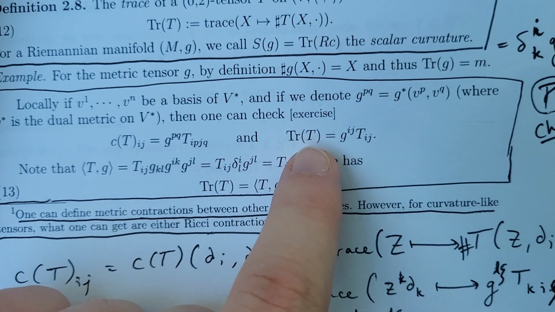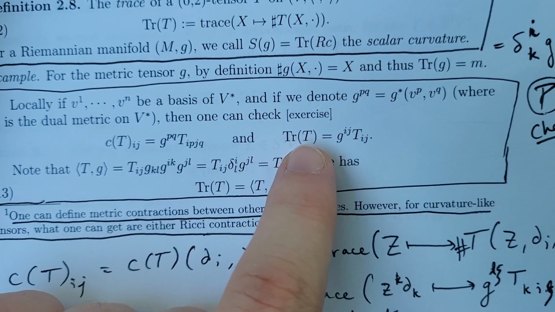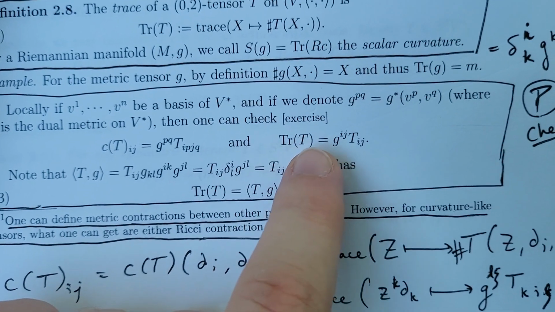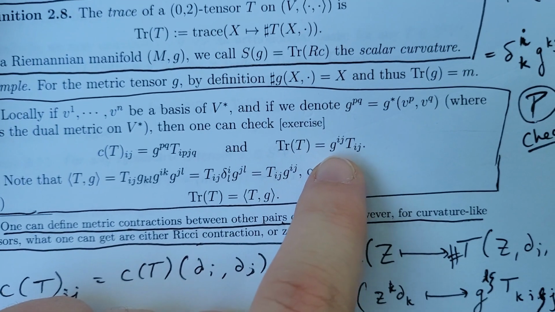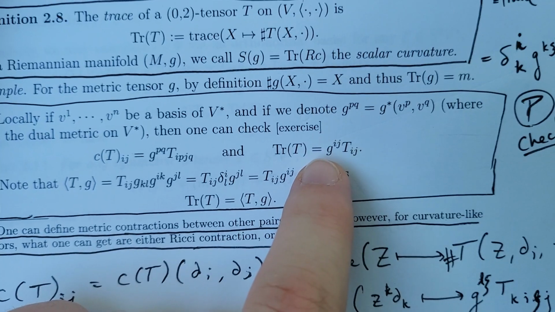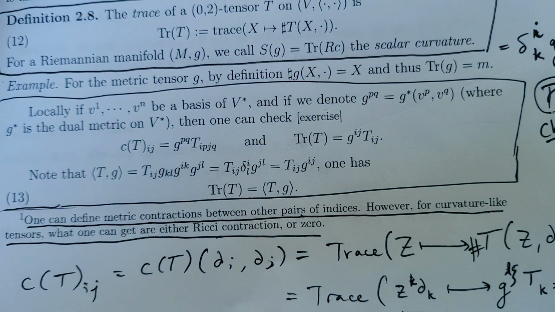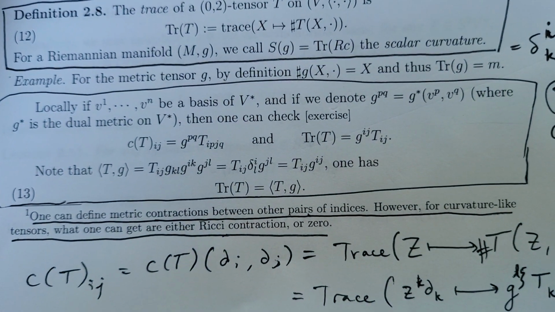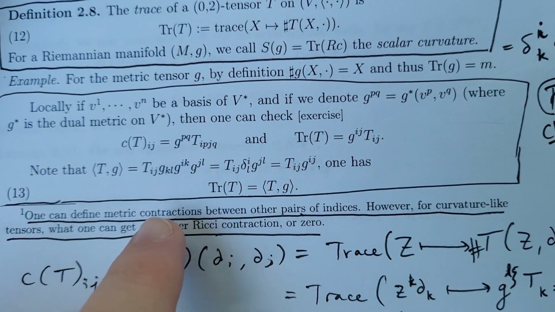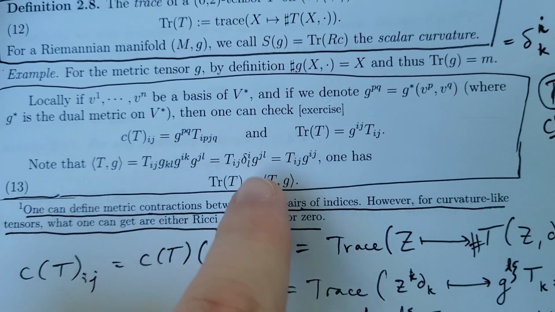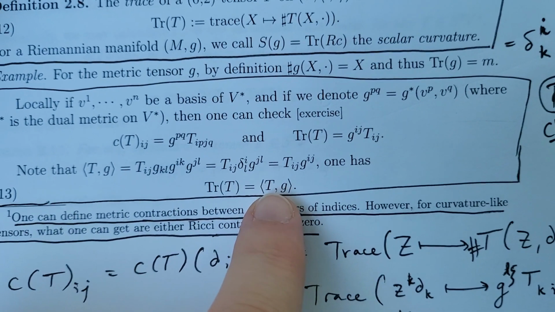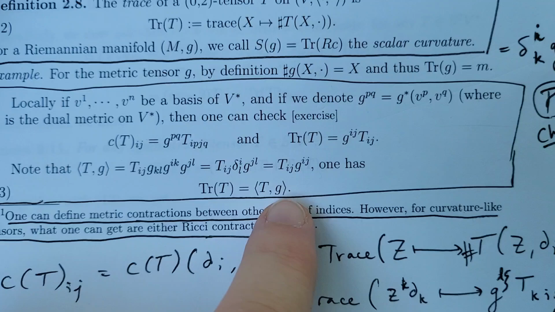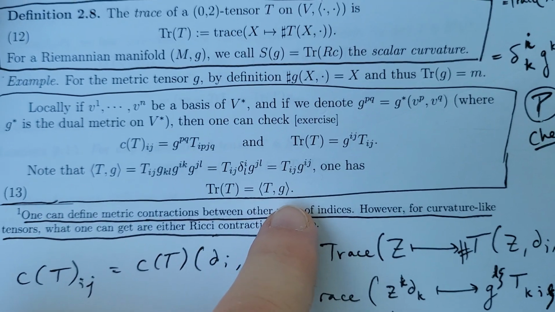And then the trace of a 0,2 tensor is defined as this contraction here. So we just contract the two indices against the metric. All right, and it's important to note that in fact this trace is the same as the inner product of the tensor with the metric. The metric is a 0,2 tensor, right?